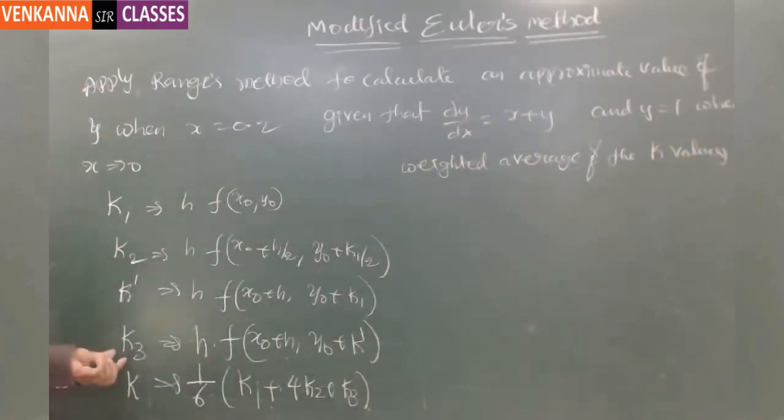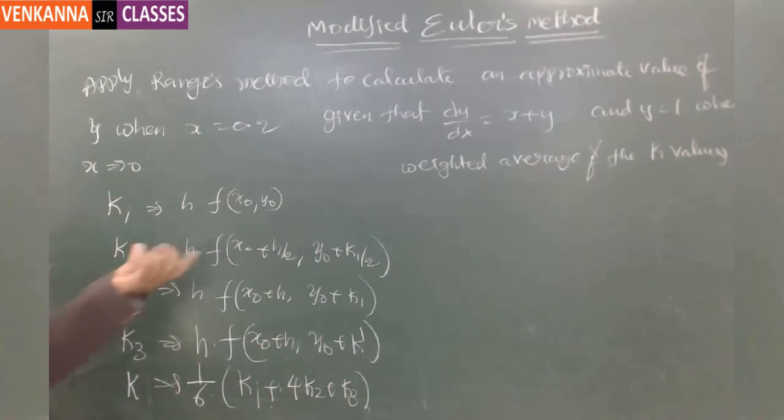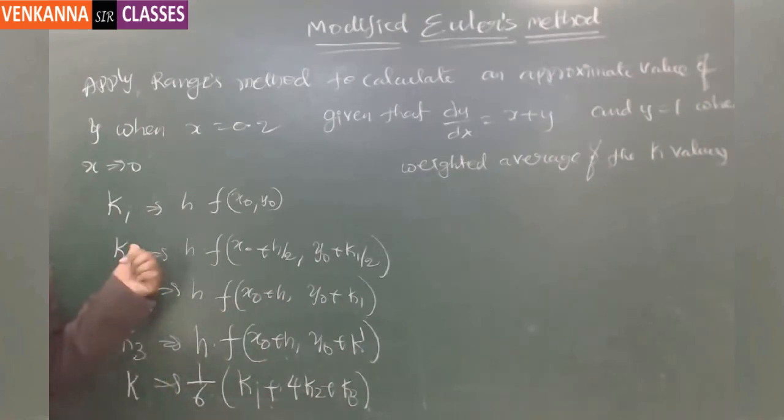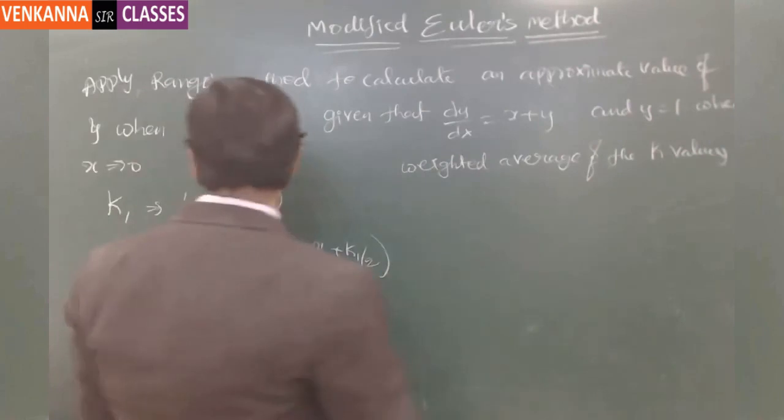K3 is given 1 and K1 is given 1, but K2 is given 4 times. Now K2 value is actually the middle point, the central value. So the central value gets the higher weightage, and the last and the first values are given less weightage, so that you can consider as the average value, which is the Simpson's 1/3 rule.